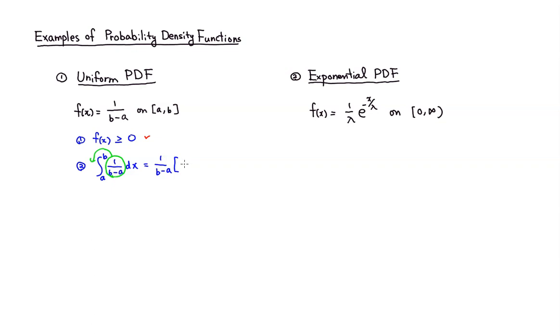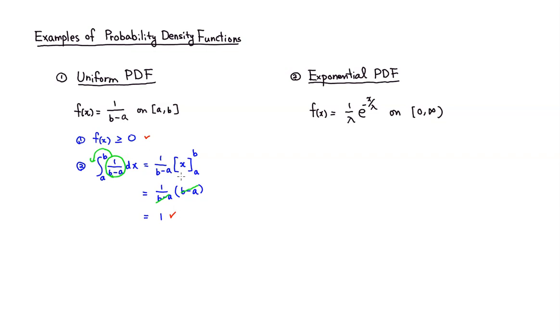The antiderivative of 1 is x, and then you're going from a to b. This is equal to 1 over b minus a, that's just a number, times b minus a. You can cancel out the b minus a on top and the b minus a on the bottom, which gives you 1, which is the second condition we needed to satisfy.